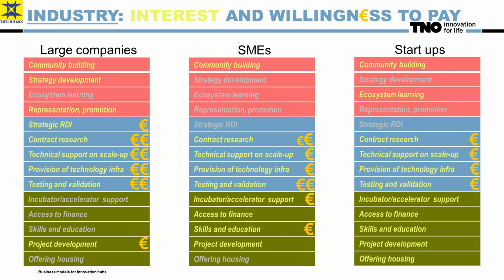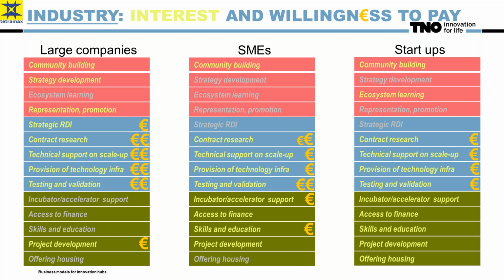When large companies, and now you can see the problem emerging, are interested in community building, strategy development, and representation, but they're not willing to pay. They're mostly willing to pay for the blue line, the technology line. That's what they're interested in. And for SMEs, it's a little bit more.